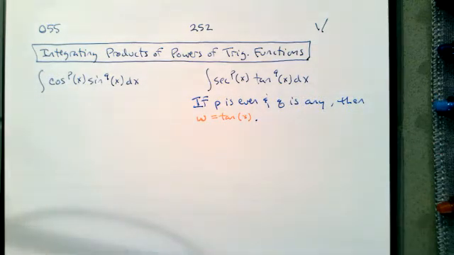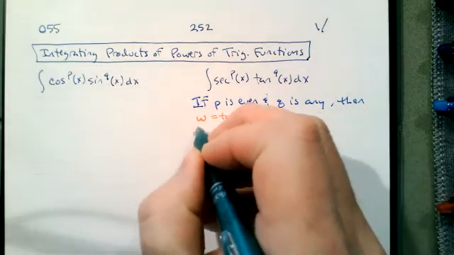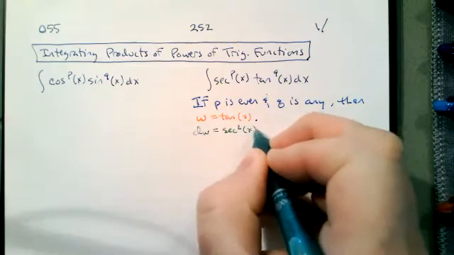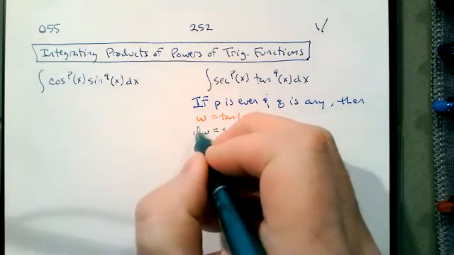So to recall, if we make the substitution w equals tangent x, then dw is secant squared. So if I want to make the substitution w equals tangent x, I need at least 2 factors of secant to be the dw. That's the way that we think about it.